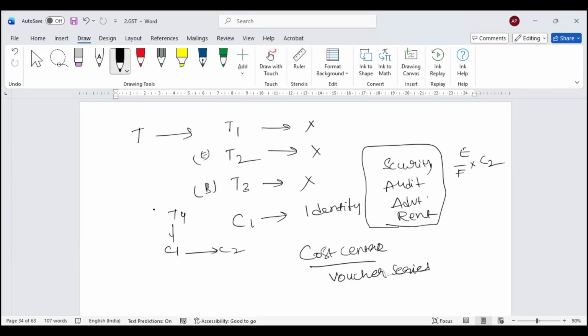You're bringing in milk and other things which are exempted, use the E1, E2, E3 voucher series. If it is for taxable, use the T1, T2, T3 series. I define my accounting vouchers in the defining process itself. This is what we call your chart of accounts. In our accounts, we have this chart of accounts.